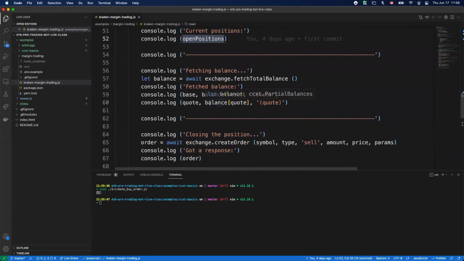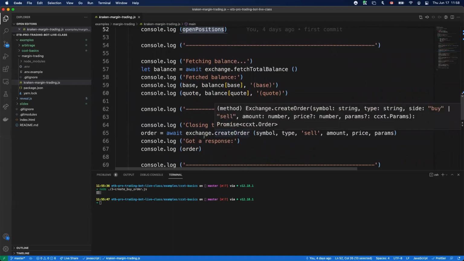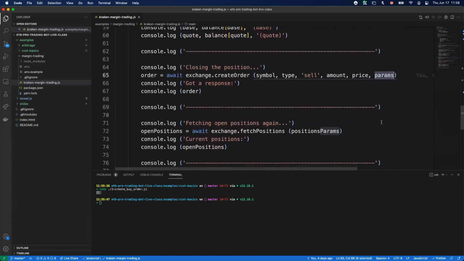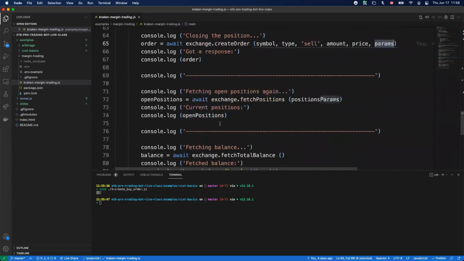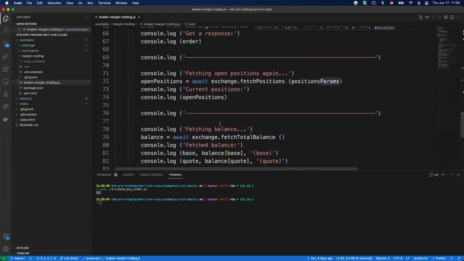Once we are done fetching the total balances, we can go ahead and create another sell order of type market again with the amount and price which we decided previously, again with 2x leverage. And that is again going to open up your position. You can check your balance and you will see that there is some change in the balance.